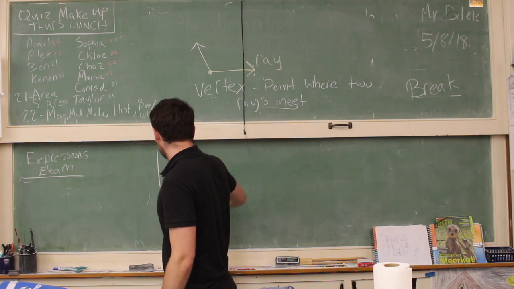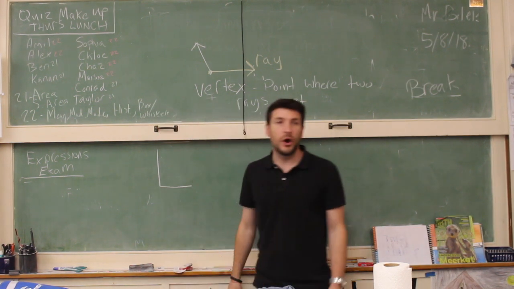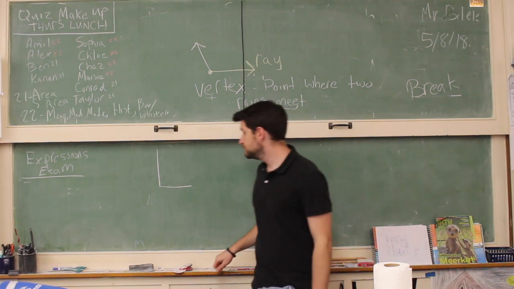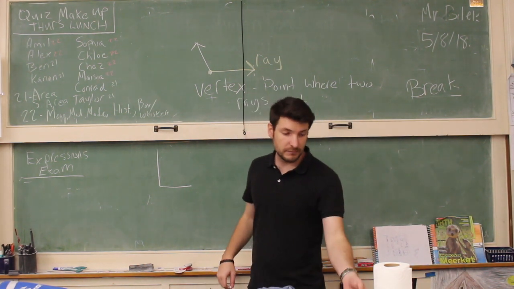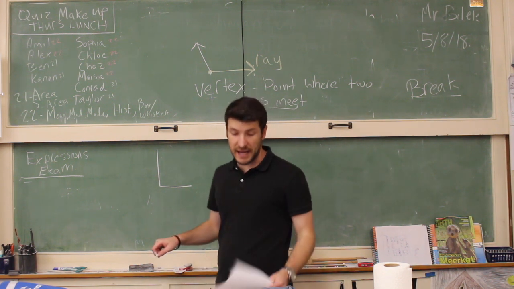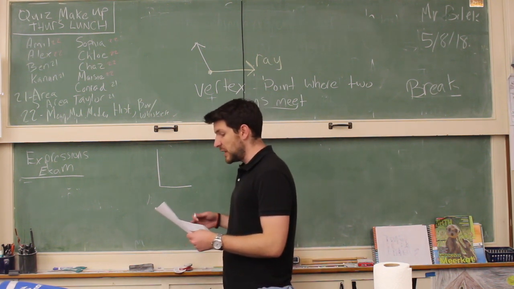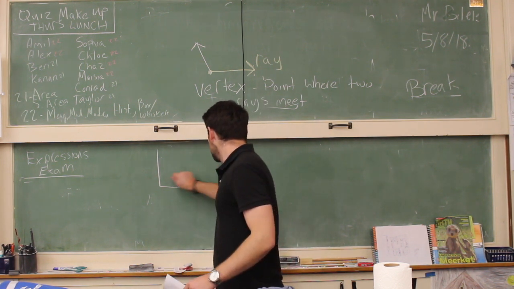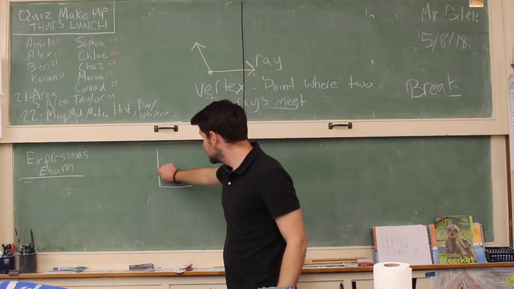The first one is when your two rays are perpendicular. That means they meet at a 90-degree angle, straight up and down, and then straight across. This is a right angle. And this right angle is marked like this.